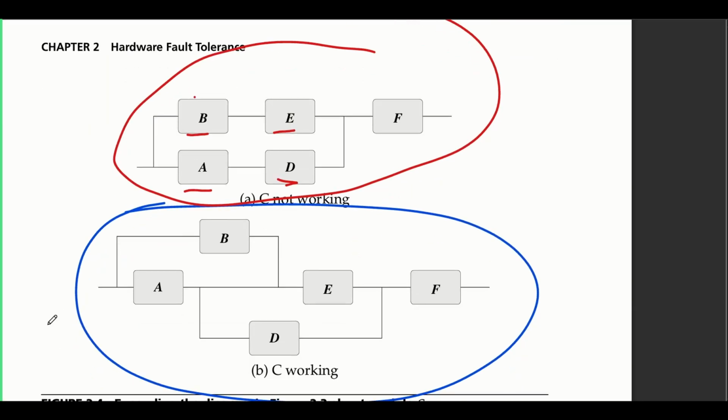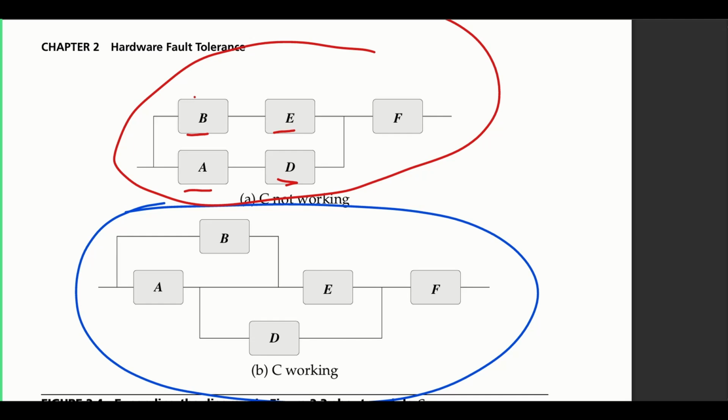When C is assumed to be working, you represent it here by a short. Once you do that, you have to solve the other trouble. The system was not said to be bidirectional.